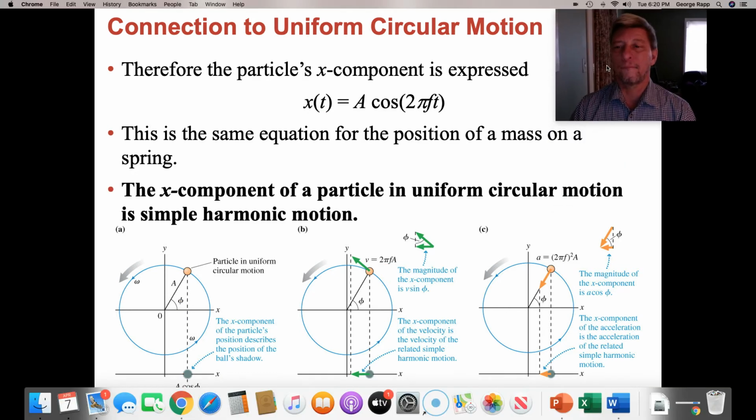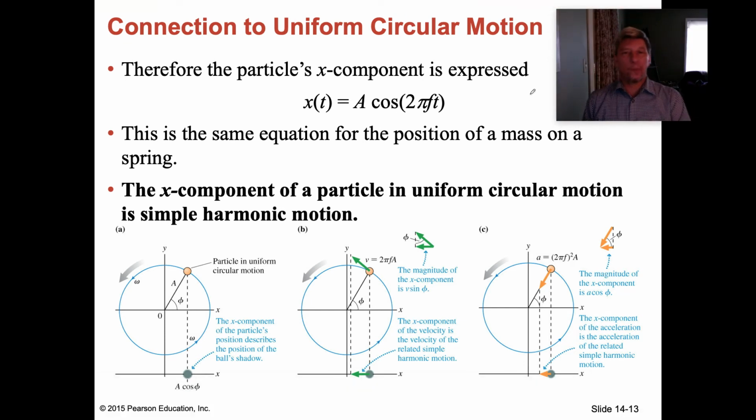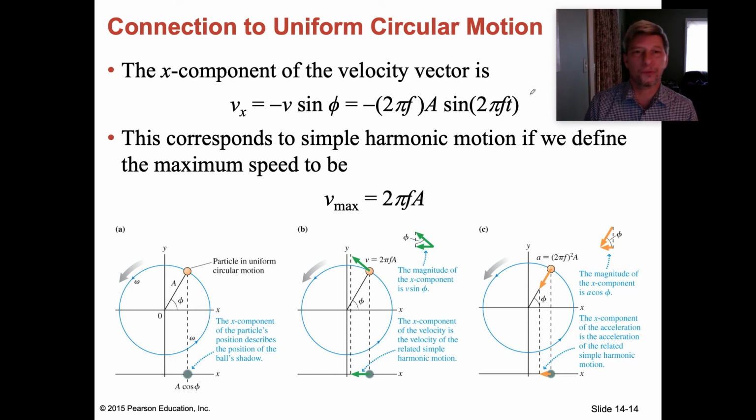So the particle's x component can be expressed as the amplitude times the cosine of 2 pi times the frequency times the time. And this is the same as the equation for the position of a mass on a spring. The x component of a particle in uniform circular motion is therefore simple harmonic motion. So here, this is essentially the proof.